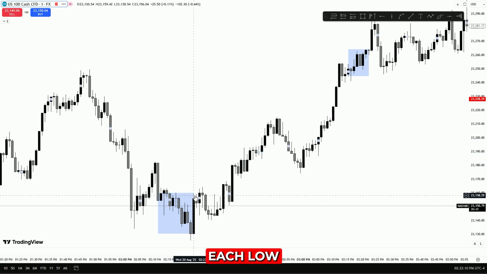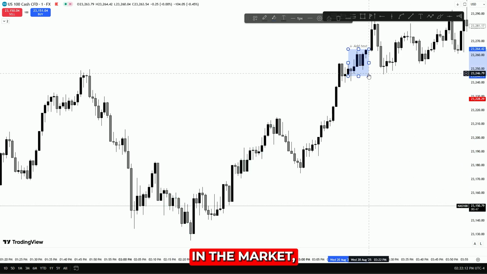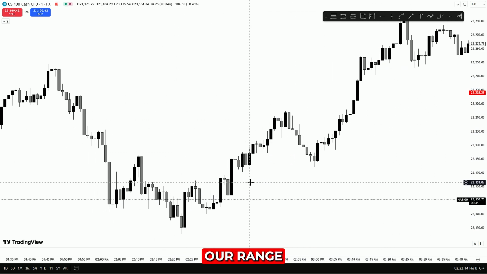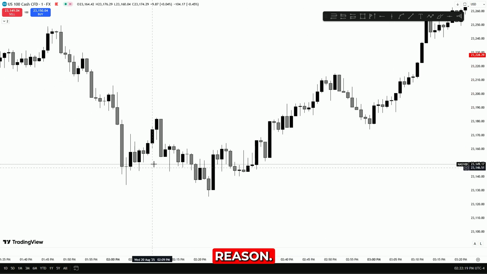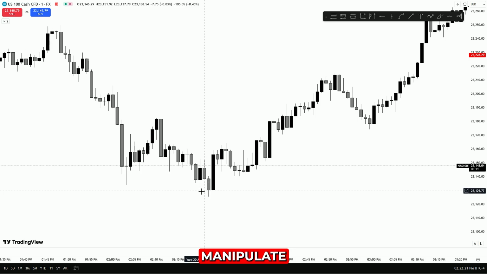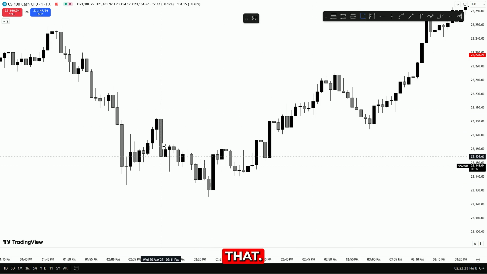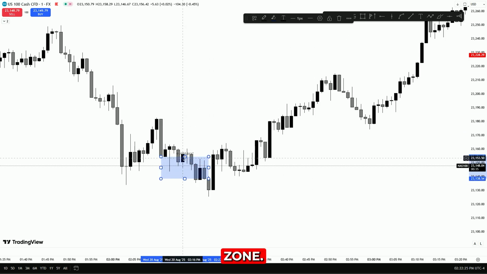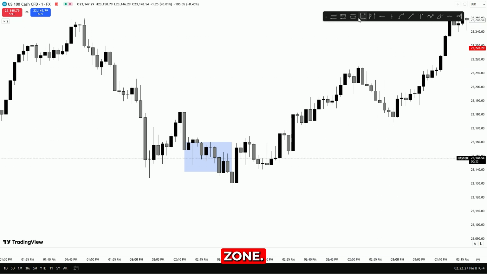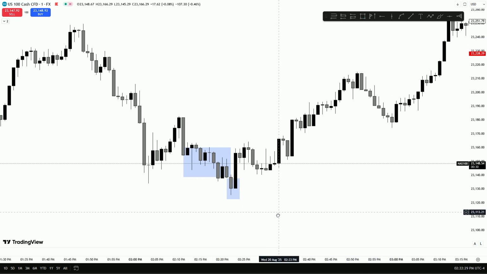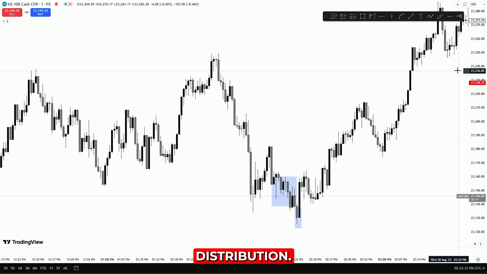All right, each slow momentum candle in the market which is stuck in a range is known as accumulation. All right, and then you have to wait for the manipulation. So you got the accumulation, you got manipulated over here. Let me just mark that. This is your accumulation zone, this is your manipulation zone, and then you can see the distribution.